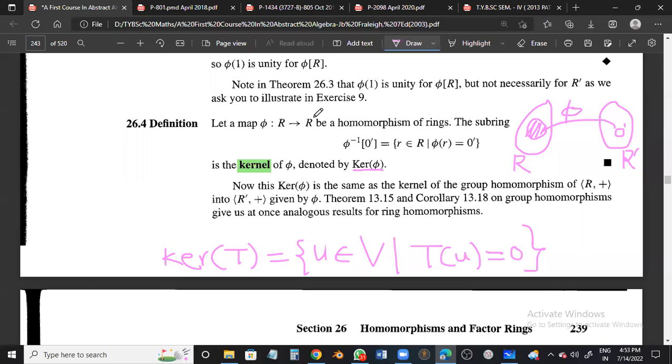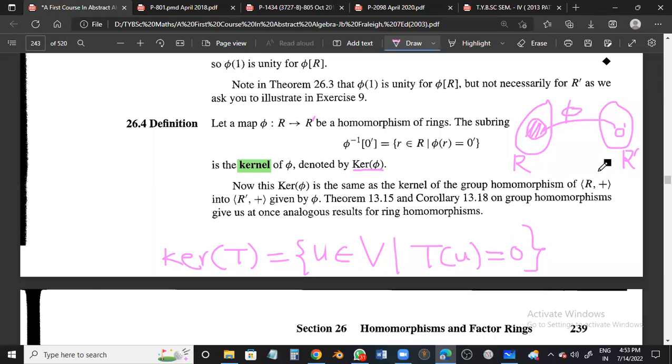One ring is R, the other one is R dash. And you have a homomorphism from R to R dash. That's it. So what we will do is, we will see which elements are there whose image is zero dash. So let us collect all those elements. This particular shaded portion is known as the kernel of phi. Why have I shaded it? Because these are those elements r whose image is zero dash.